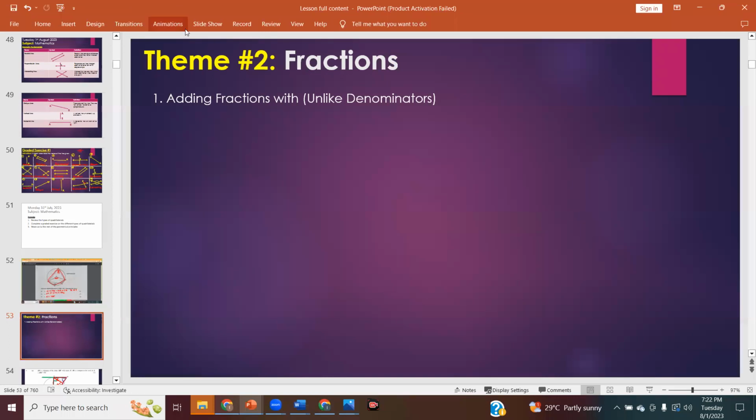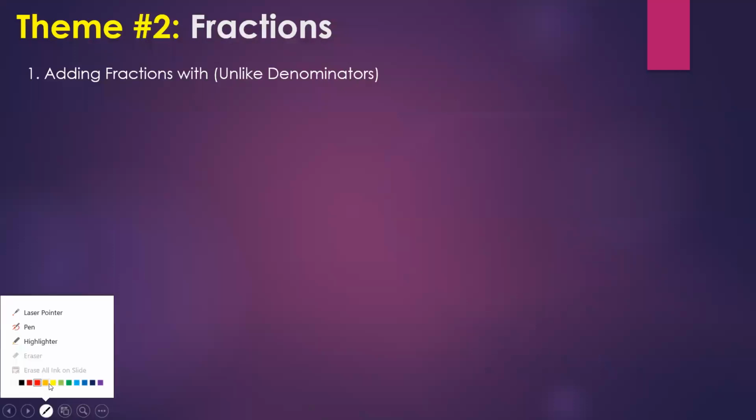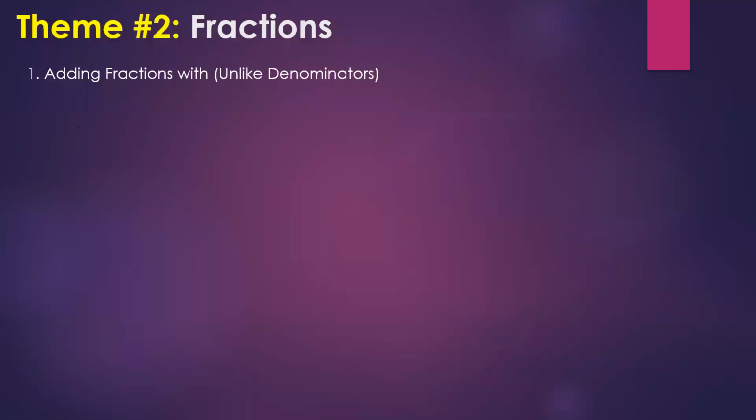So the first thing that we have to do is an example. We're going to do several examples. So let's say, for example, I have the fraction. So, example number 1.